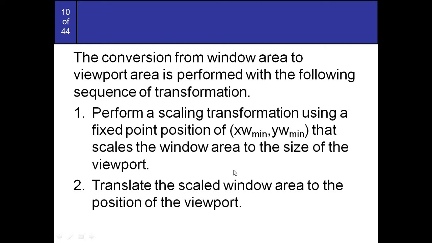That is, first the scaling is done, scaling in or scaling out of the object, and then after the scaling is done, we translate that scaled window area to the position of viewport, because the coordinates are different in window area and the viewport. So accordingly the image has to be mapped onto the viewport coordinates. This is the basic process that goes on when we do the scaling process.